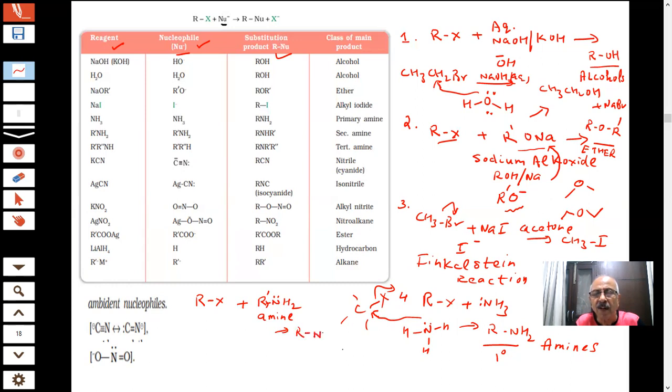What you will get is R NH R dash. What are these known as? What is this compound, students?